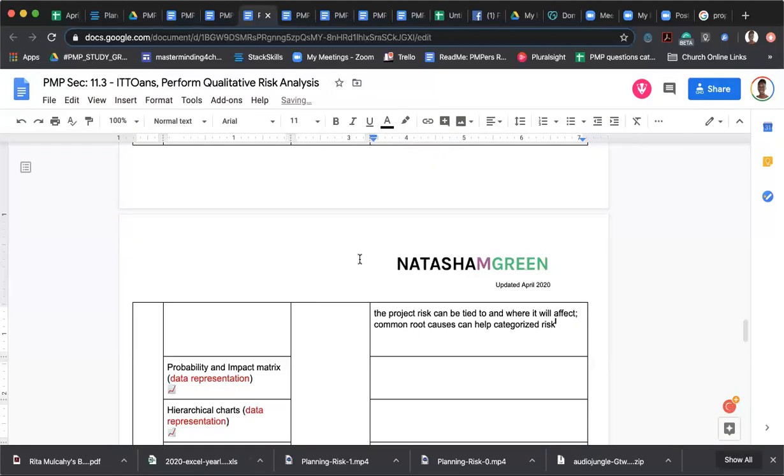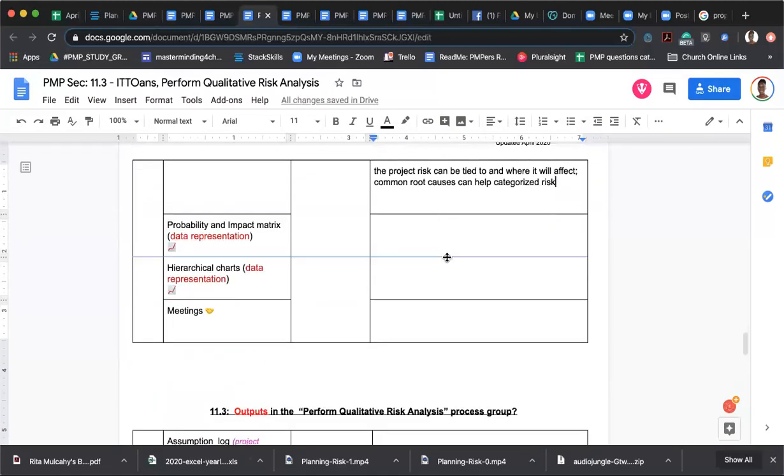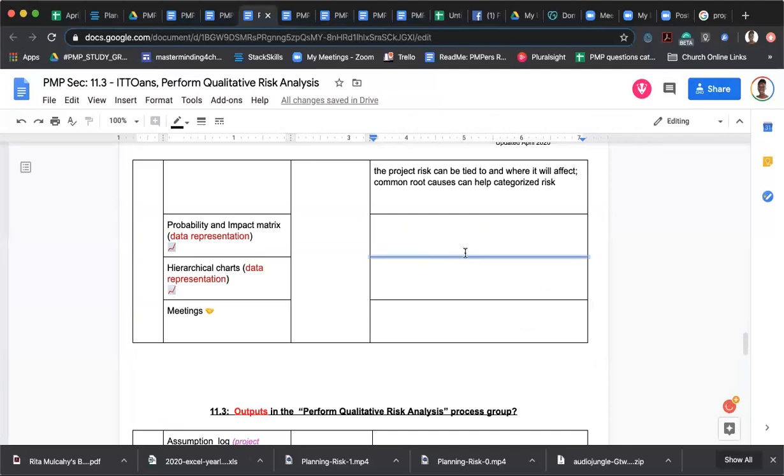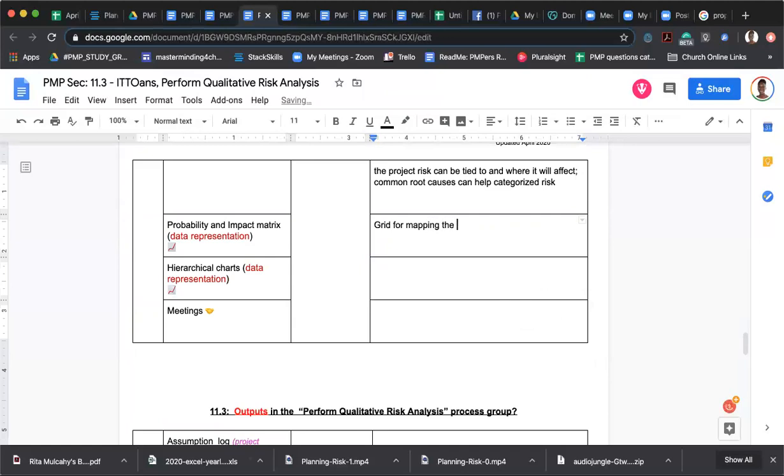Okay, we see the probability and impact matrix, which we talked about earlier. Grid for mapping the probability of each risk occurrence and its impact on project objectives if that risk occurs.